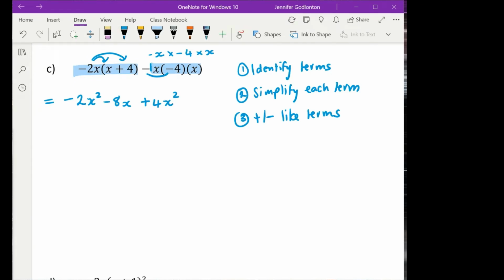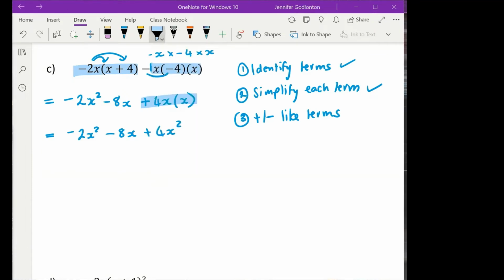Now, if you didn't feel comfortable to do that all in one step, you could have also just said that that's positive 4x and then had an x next to it in brackets. And then we'll do the next step in the second step. That's also fine. Okay, so now my next step, this term is not fully simplified yet. So I'm going to say negative 2x squared minus 8x plus 4x squared. So now I've identified my terms. I've simplified each term. Now I can add or subtract my like terms.